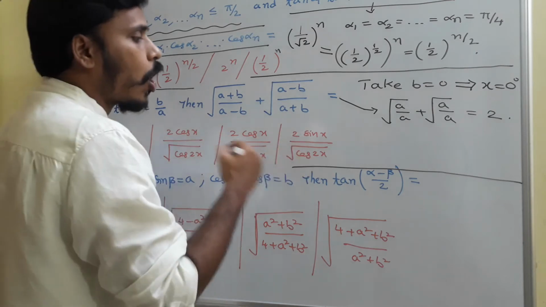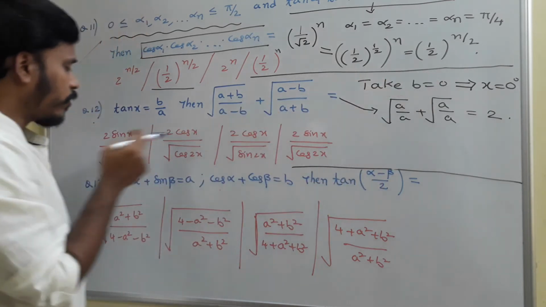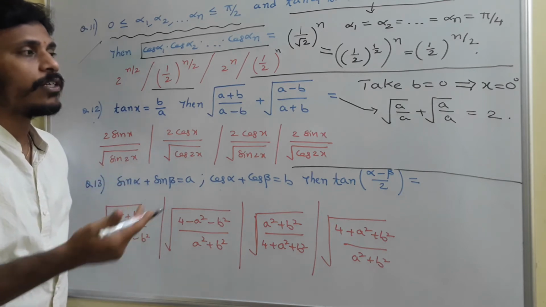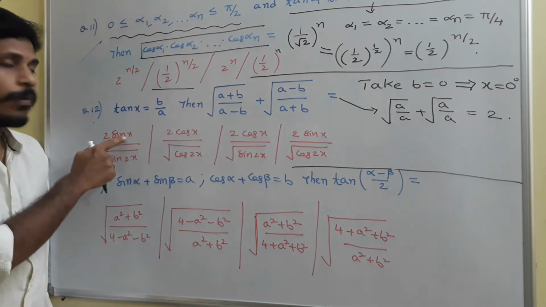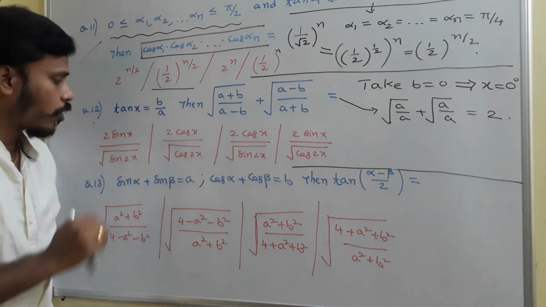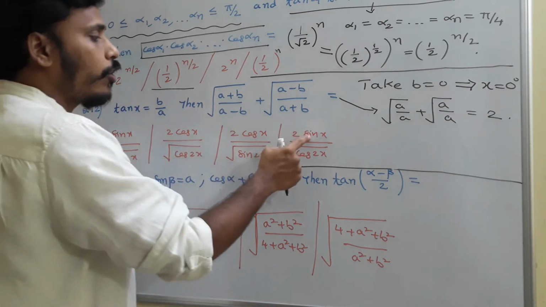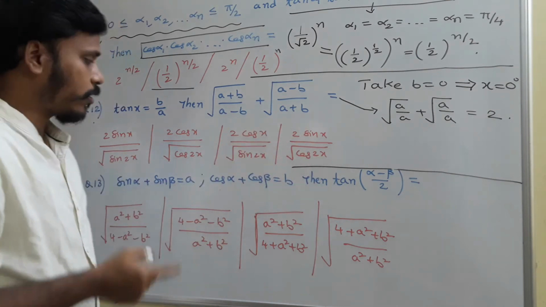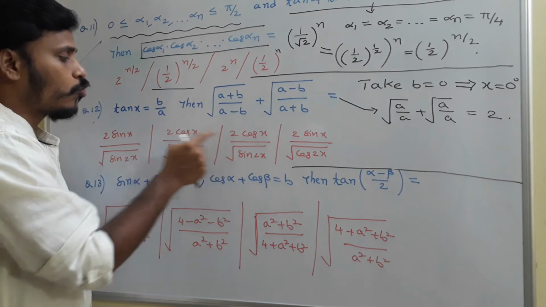Now you need to check the options. You just replace 0 in the place of these options. If your answer is 2, then that's your choice. If you replace 0 here, sin 0 is 0, so this value will become 0. Leave it. If you replace 0 here, again sin 0 is 0, so this is also not your choice. You need to replace 0 in these two options.